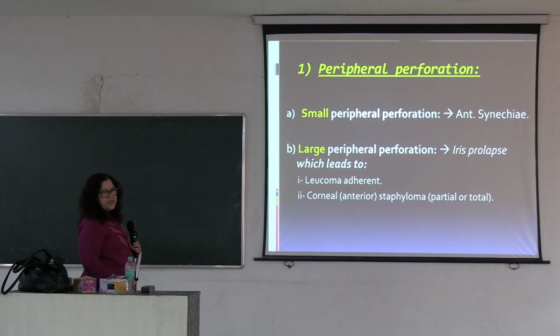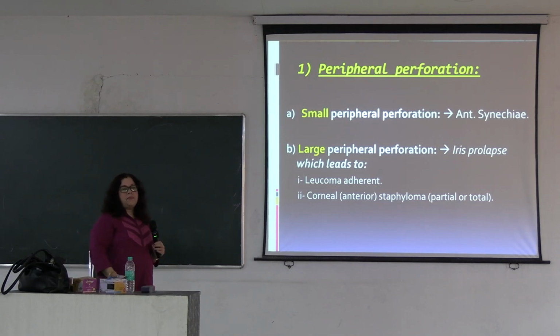staphyloma. Staphyloma is of 5 types. This is called anterior staphyloma. If it occurs at the site of the limbus, that is called intercalary staphyloma. If it occurs at the equator, it is called equatorial staphyloma. If it is present posteriorly, it is called posterior staphyloma.